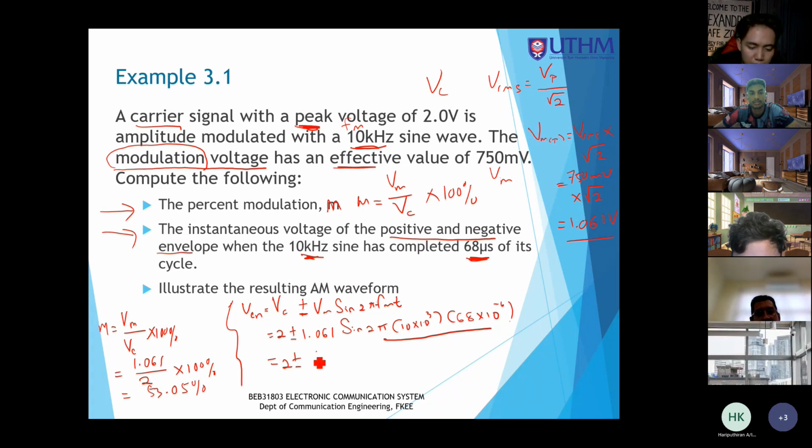So maknanya di sini adalah 1.061 darabkan dengan negatif 0.9048. Okay, di sini adalah 2 tambah tolak 2 minus, so dapat berapa ni?